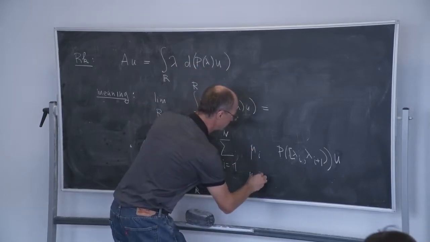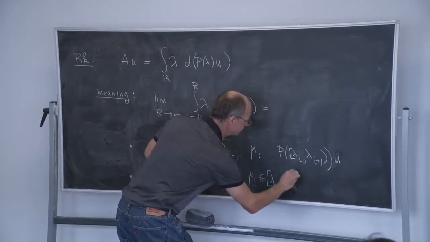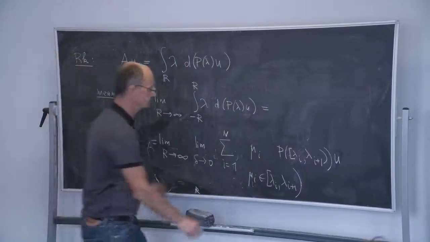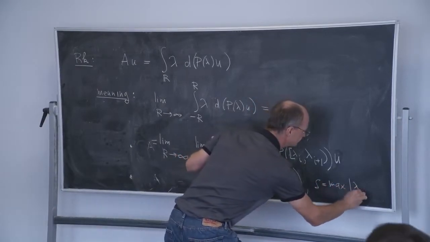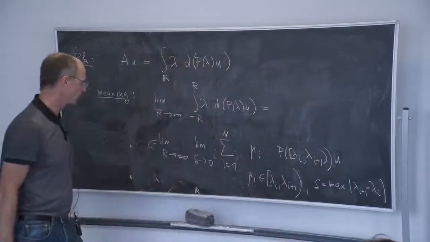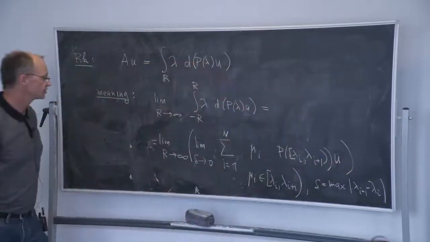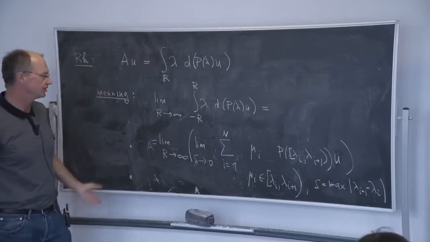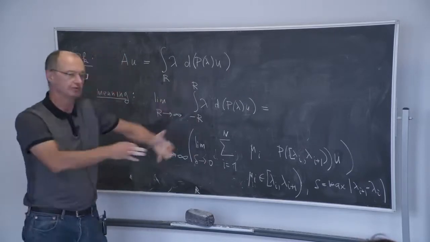Mu I is in this segment, and delta is the max of the lengths. Right, so this integral is defined as a Riemann integral. Essentially, you copy the definition of the Riemann integral for the finite segments, and then the improper Riemann integral you kind of take a limit.